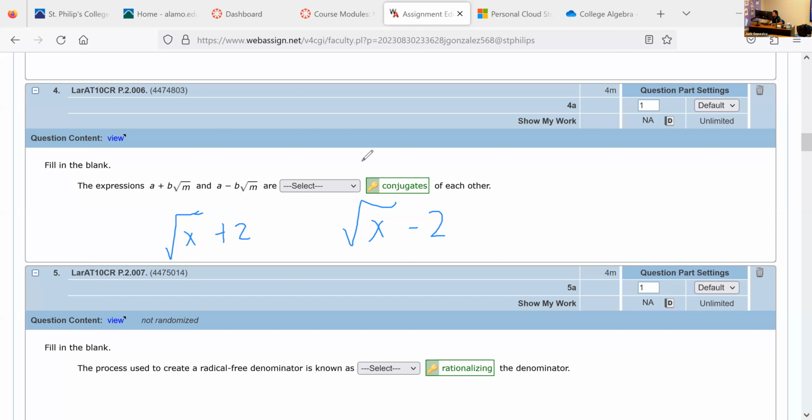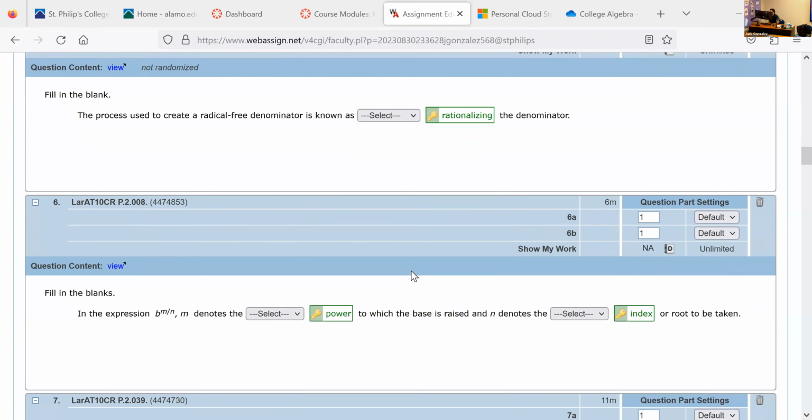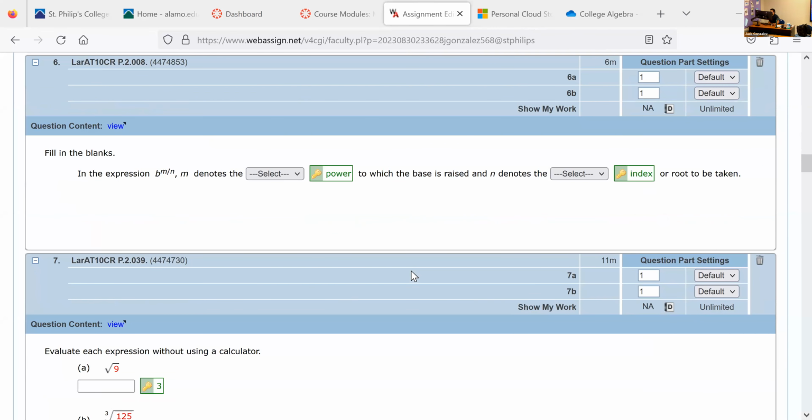Okay. Or if you had 3 plus square root 7x, right? The conjugate would just be 3 minus this. That's all conjugate means. Okay, in case you forgot.